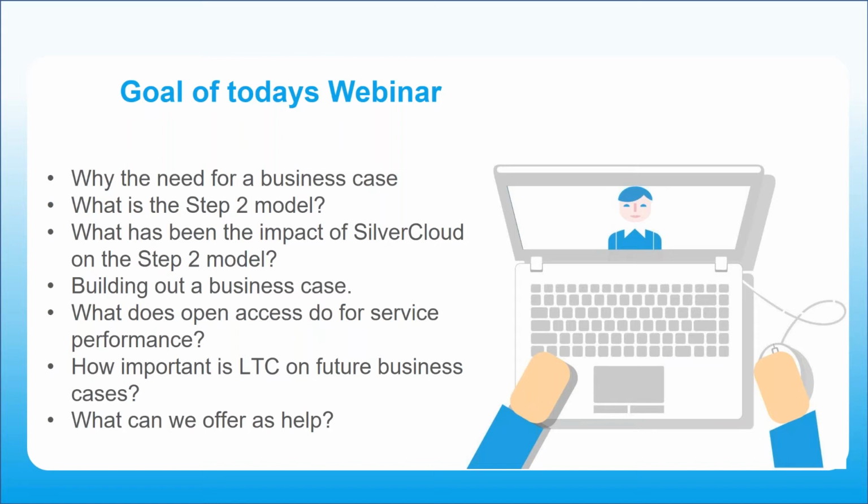Also, briefly, we'll go over the long-term conditions initiatives going on within IAPT at the moment, because there's a huge amount of pressure for that to be the future of the business cases to bring money into IAPT services. So it's important to look at that as well.